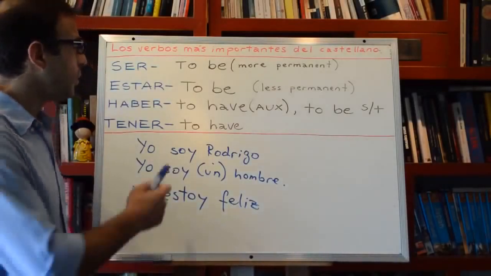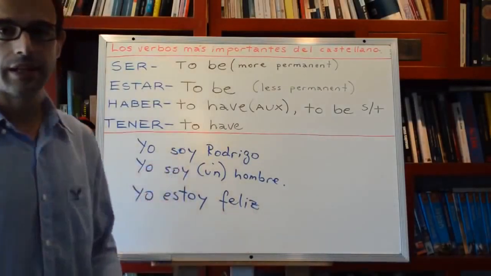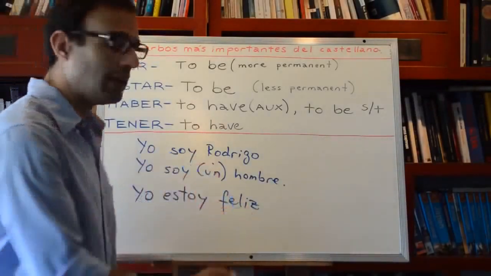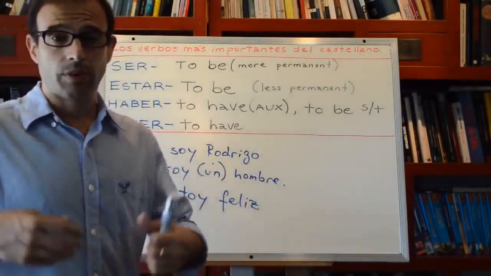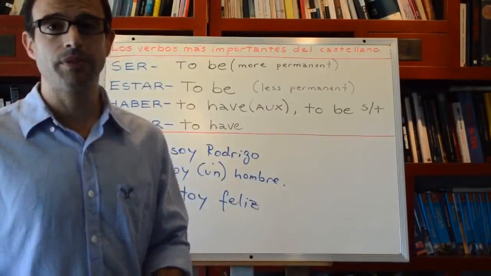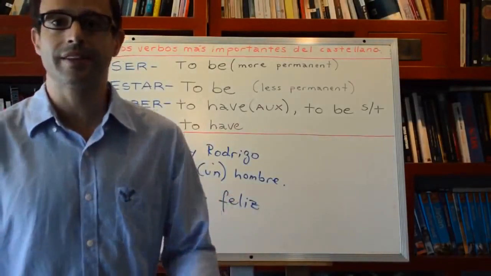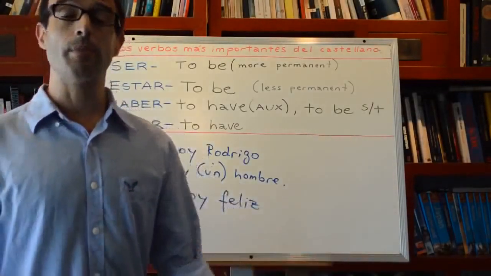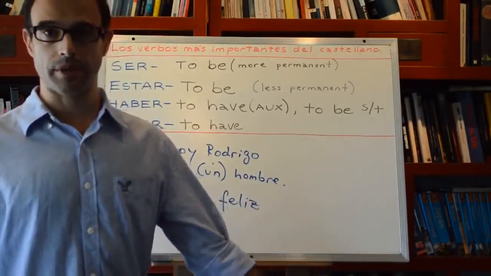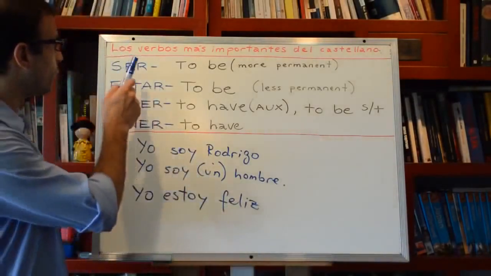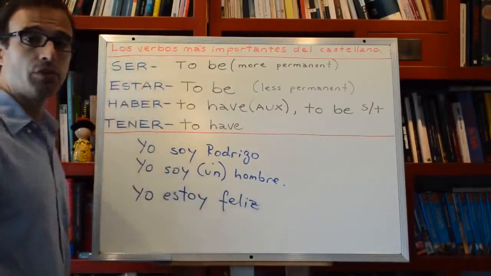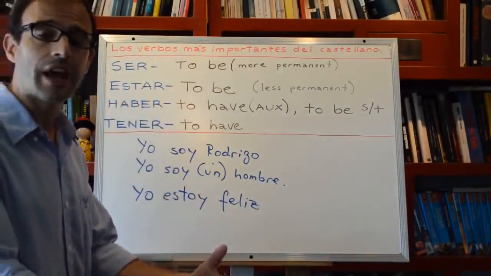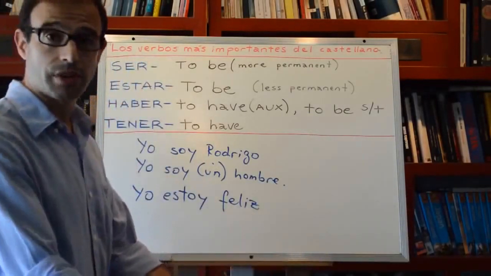I can say yo soy feliz. If I say yo soy feliz, instead of saying that right now I am happy, I'm implying that I'm usually or I'm always a happy man, okay? Why? Because the verb ser is used for something permanent that doesn't have changes, okay?